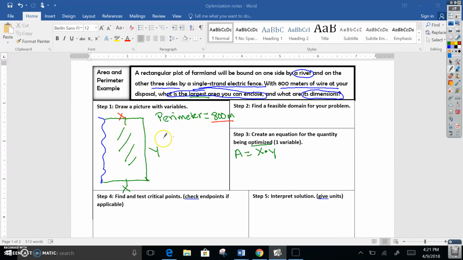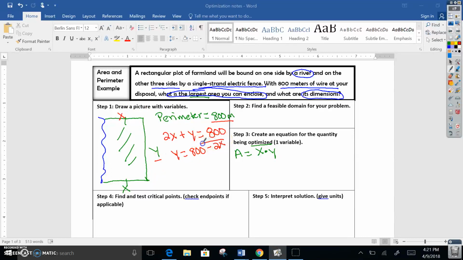If we add the two x's and the y, we should end up with 800, which means that y is the same as 800 minus 2x. That makes sense. If I have 800 meters of wire and I take away the two x's, whatever's left over should be my y.